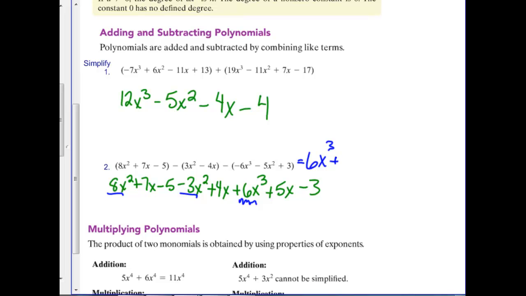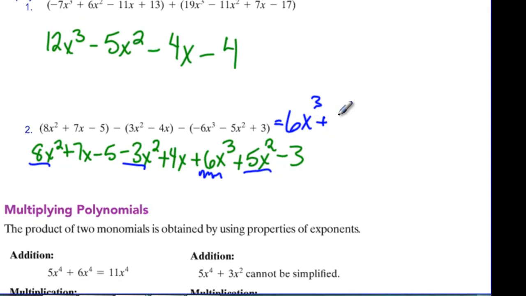What I forgot was that squared. Yeah, big difference, right? Don't do this on your homework. Okay, so now 8x squared minus 3x squared plus 5x squared is going to give us what? There we go. Thank you.